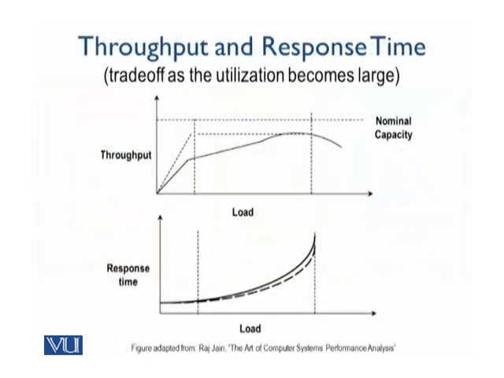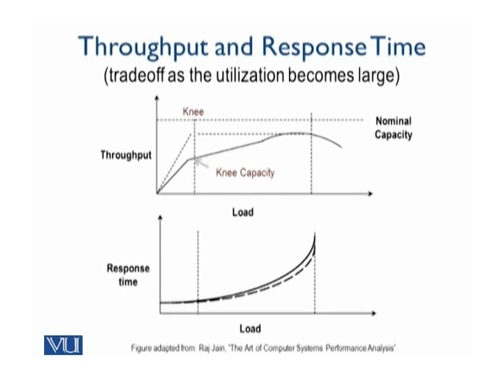We see that as the load increases, initially the throughput increases, and the response time, while it increases, it is not increasing in an alarming fashion. But we reach a certain point which is known as the knee point. उस केस में आप देखेंगे कि जो increase in throughput है वो या तो flat हो जाएगी या तो बहुत ज़्यादा minimal हो जाएगी.